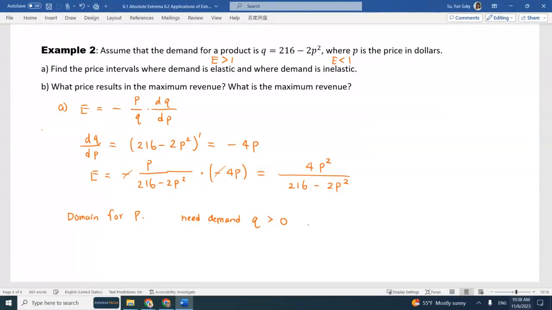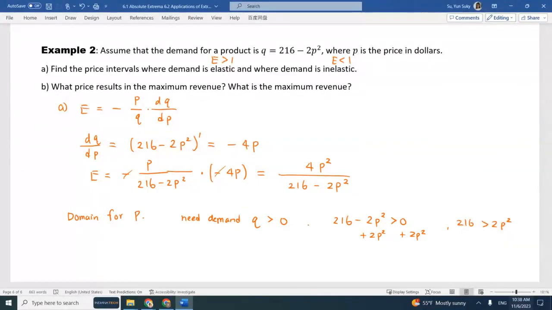So that means 216 minus 2p squared greater than 0. Is that okay, everybody? This is the demand. And let's solve for P. How do we solve for P, the inequality? Oh, we add 2p squared, right? Then we have 216 greater than 2p squared. What do we do?